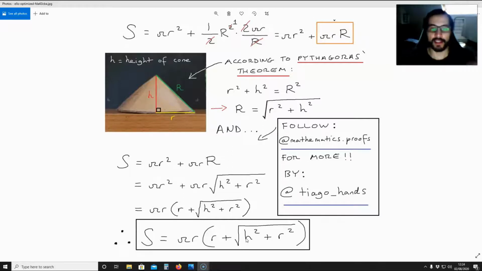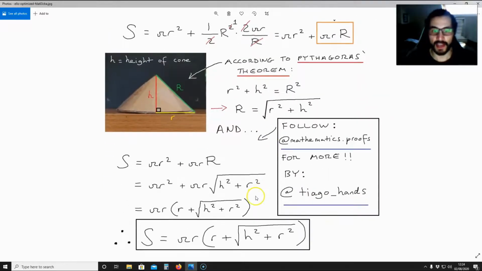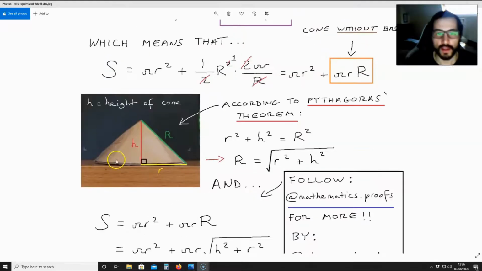And to get this final formula, which I've just shown, we need to use Pythagoras' theorem to get rid of the big R. We want to get rid of this big R over here, so we get a formula in terms of small r and also the height of the cone.